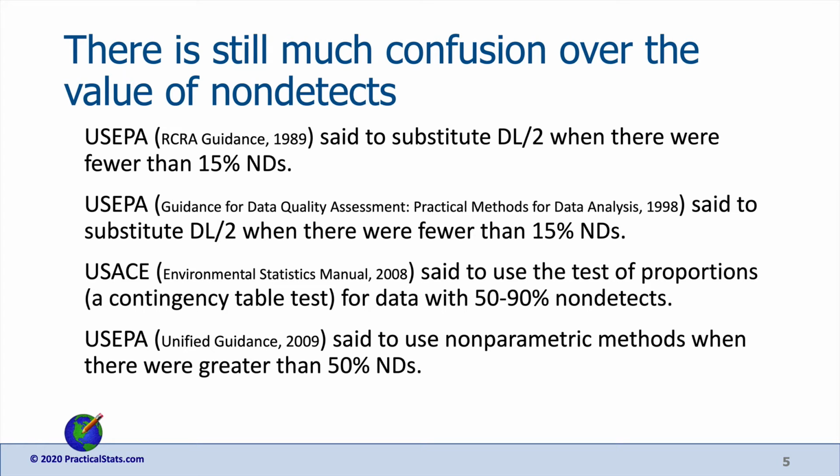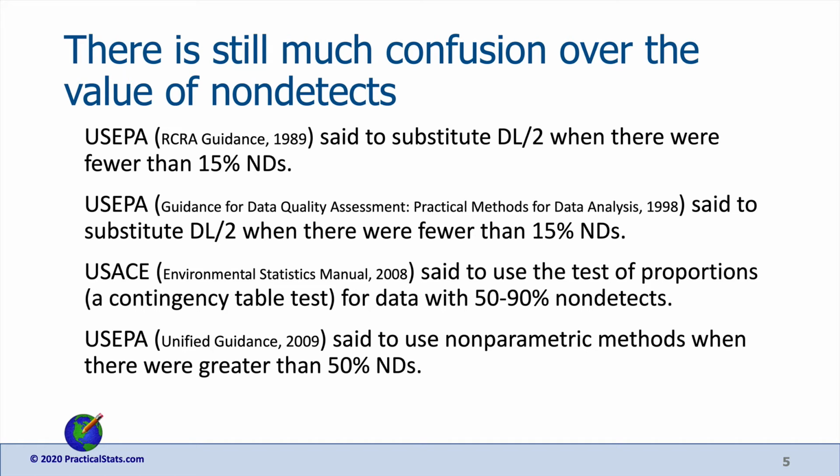And were those detection limits low, in which case they had a lot of information in that data? Or were those detection limits relatively high, in which case there was not anywhere near as much information in those data? About 10 years later, things had advanced even more. The Environmental Statistics Manual of the Army Corps of Engineers in 2008 said to use the test of proportions, which is the same as a contingency table test, for data with 50 to 90% non-detects.